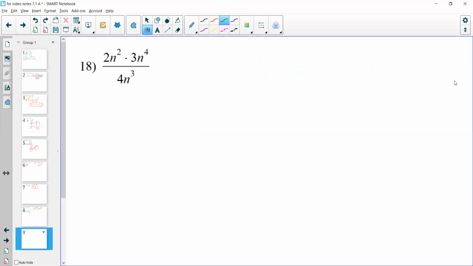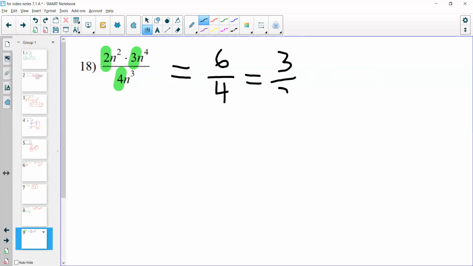So I'm going to look only at the coefficients here and multiply the numerators. 2 times 3 is 6. So I end up with 6 in the numerator and 4 in the denominator, and of course that reduces to 3 over 2.